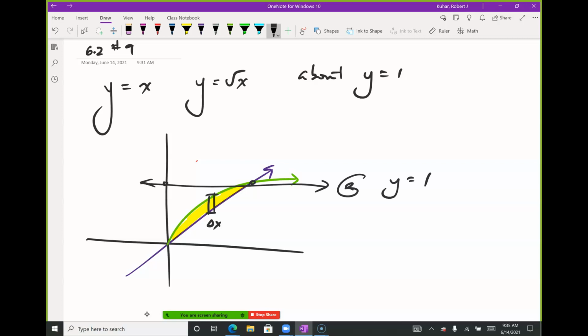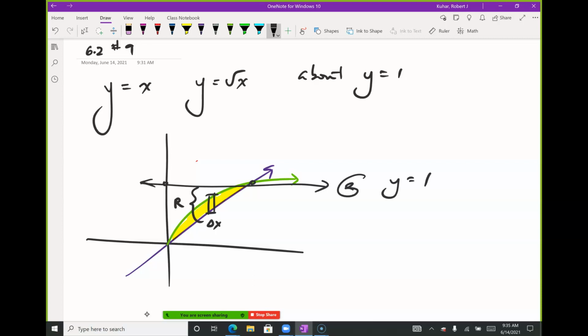But the key is from the axis, now I have to find my radius, right? I have to find my capital R and lowercase r, right? I have to find the big radius and the lower radius. And so it's strange, but it's always from the axis of revolution to the end of the rectangle. The further away is the capital R. So meaning this distance right here is going to be capital R, right?